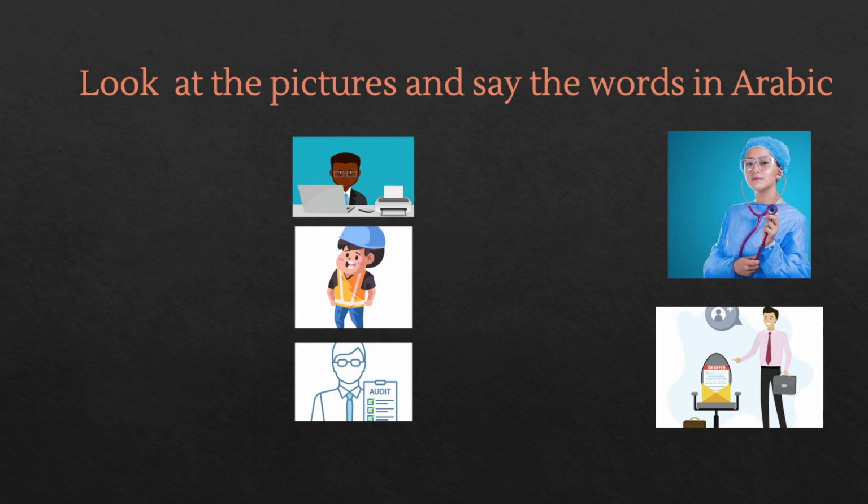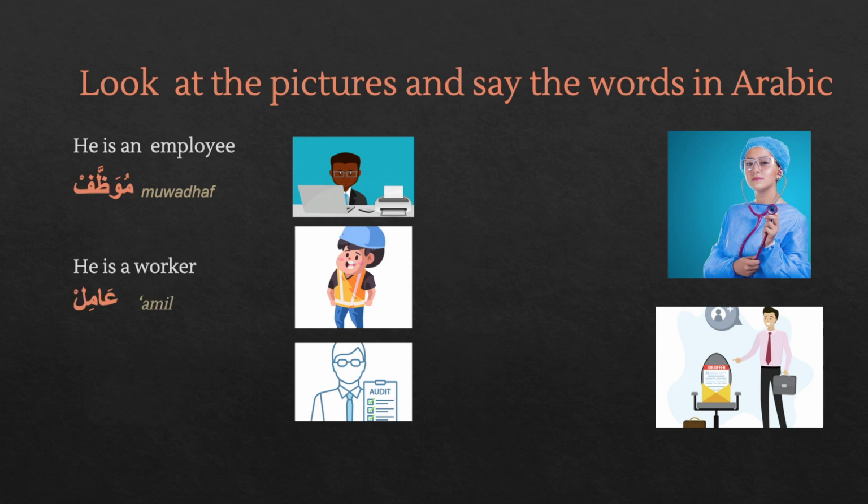Let's do the same thing on this slide here. Look at the pictures and say the words in Arabic, okay? So this man, he's an employee, which means موظف. He is a worker. Worker in Arabic is عامل. He is an accountant.